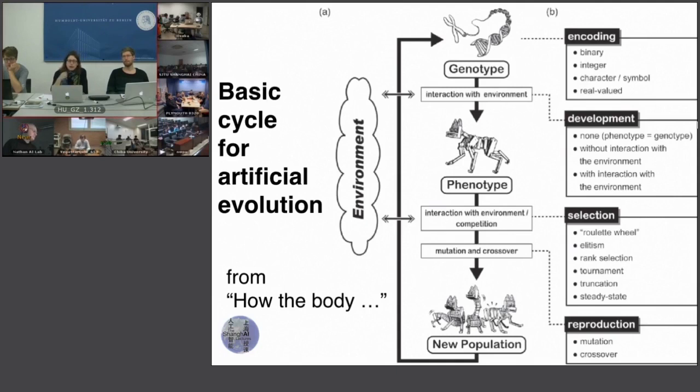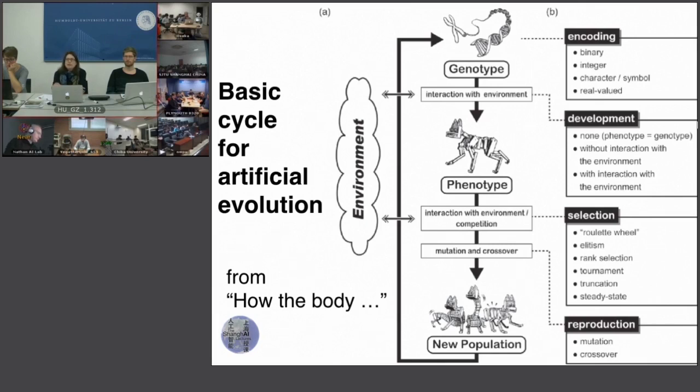And then the next thing is we have an interaction with the environment. That's really important for the next step, which is development. From this genotype, the phenotype is developed, which means all the shape of the agent, the morphology, where the muscles or motors are, where the sensors are, what kind of sensors, and other features of the agent, like size and other sorts of things.